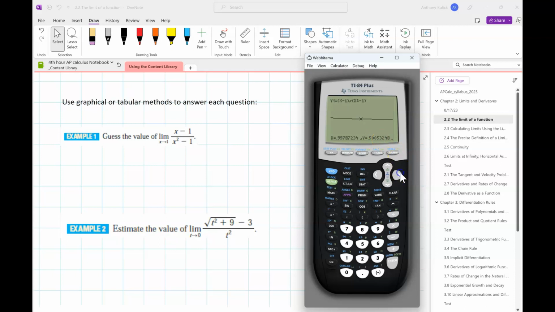And if I go one tick to the other side, I have about 1.002, comma 0.4999. So it looks like from both sides we're heading to the value of 0.5. The y coordinate, if I look at each side real close, is 0.5. It's continuous all the way there. That's my limit.